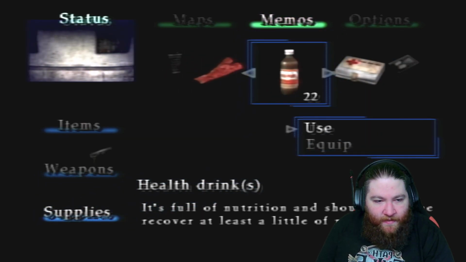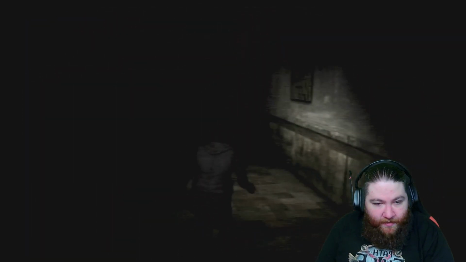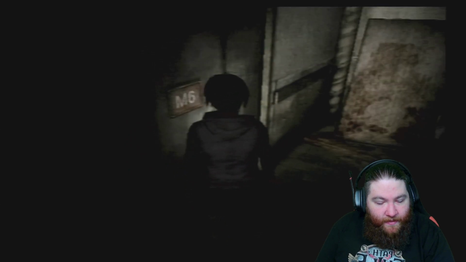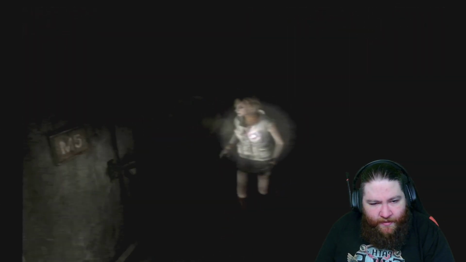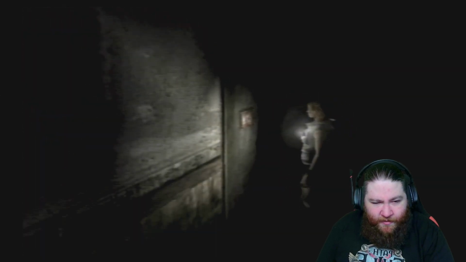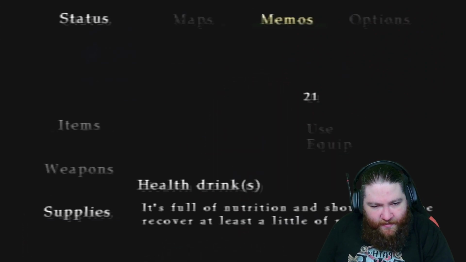Supplies. Probably didn't have to use 2, but I'm going to anyways. M6. Okay. Do we have to fight these two? Usually that's... You don't have to fight things.